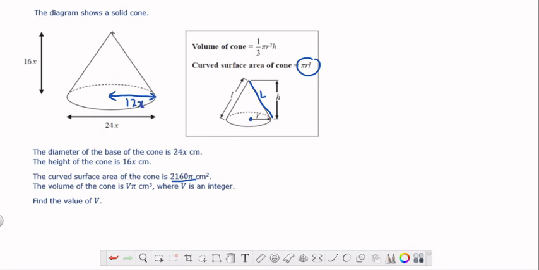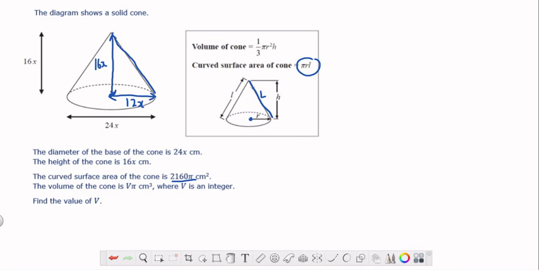And the height, already given in the question, the vertical height from the center of the circle to the top is 16x. So what I want to do is work out this length over here.